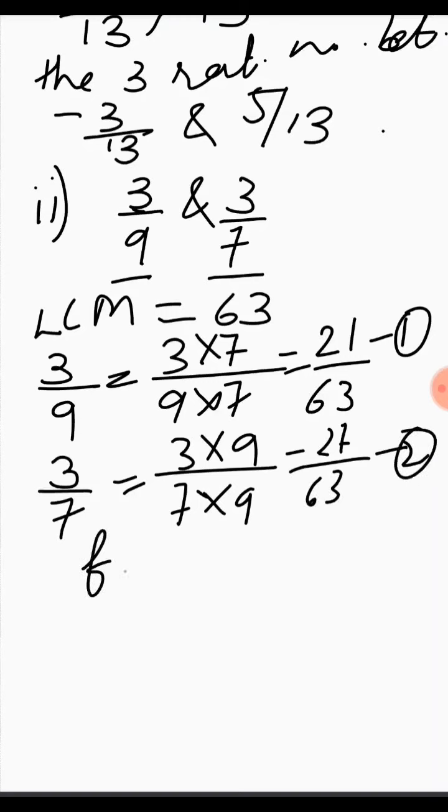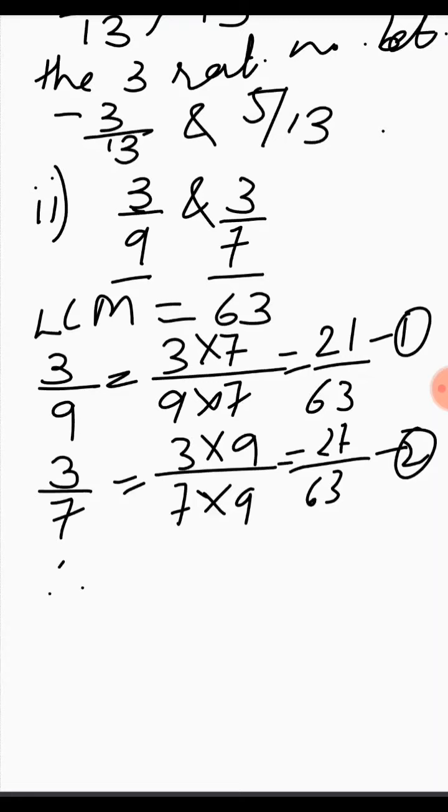Now, children, you can see from 1 and 2, here you got 21 by 63 and here 27 by 63. Both are positive, so the denominator is the same. Now 21, 22 by 63, 23 by 63, and so on up to 27 by 63. So many rational numbers you are getting between these two. So what can we write now?